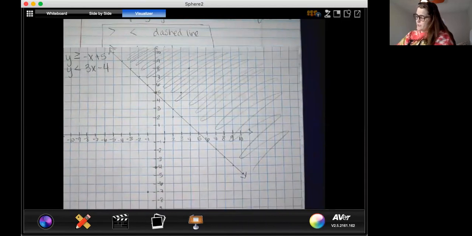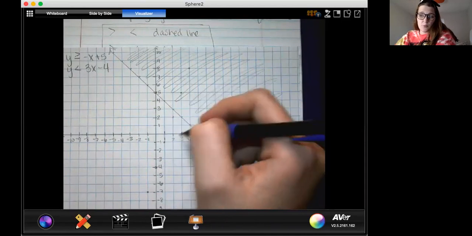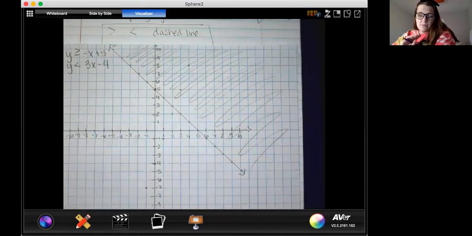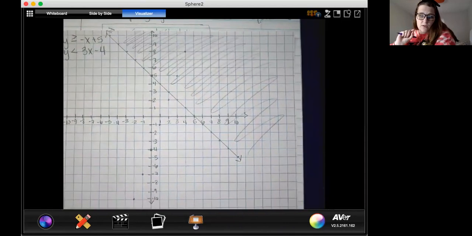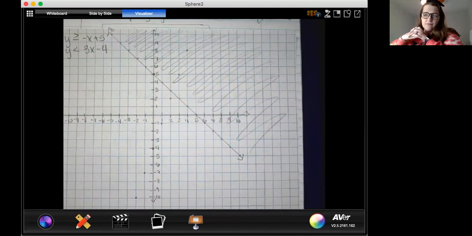Now what you may have noticed is that the lines didn't meet at a specific point, and that's okay for inequalities. They do not have to meet at a nice, pretty point. So should this one be dashed or solid?